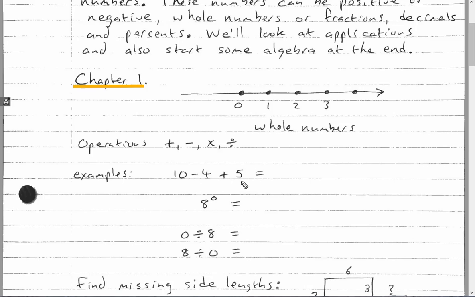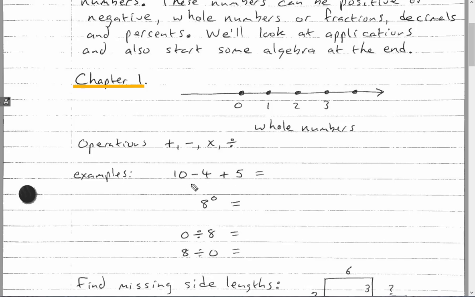So here's a kind of a tricky one, where something can go wrong. So 10 minus 4 plus 5. So what's the answer? Did you get 1, or maybe 11, or something else?